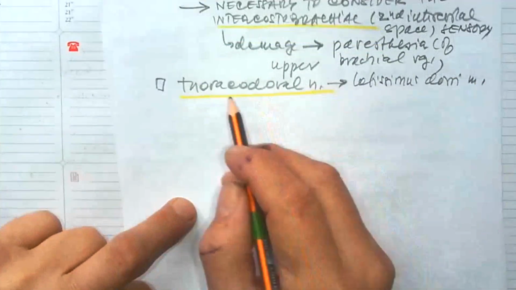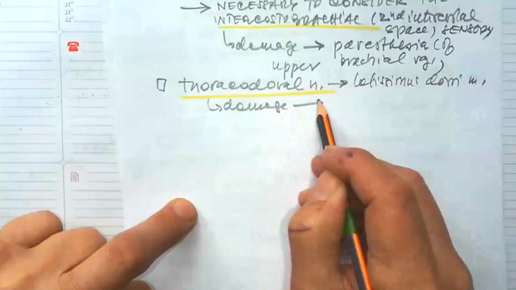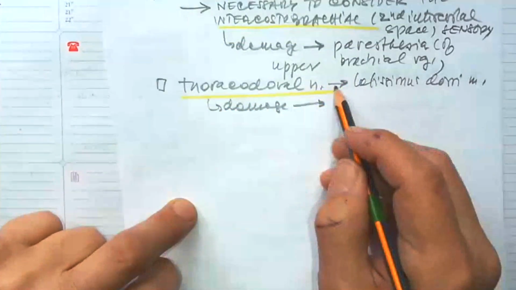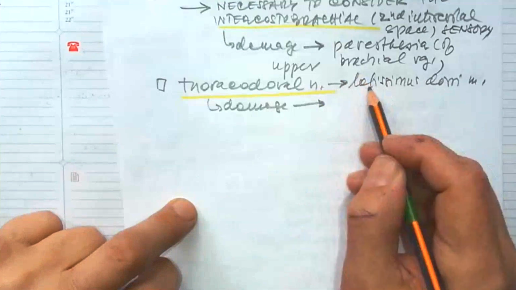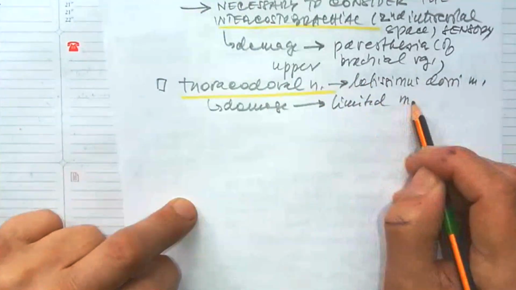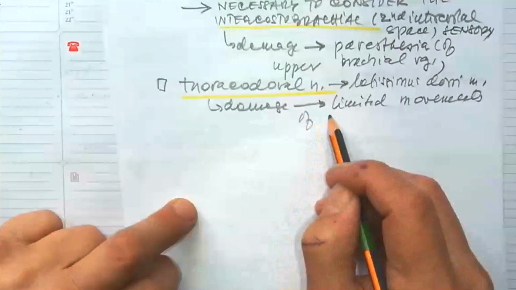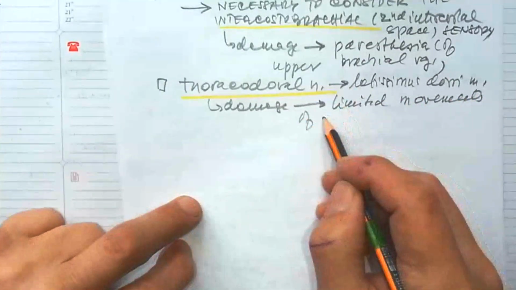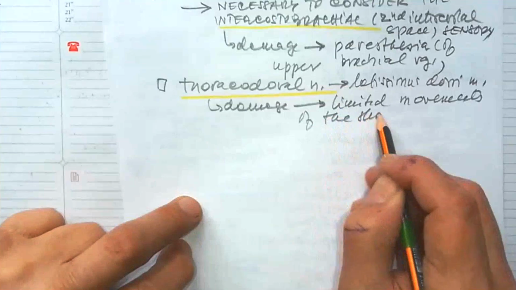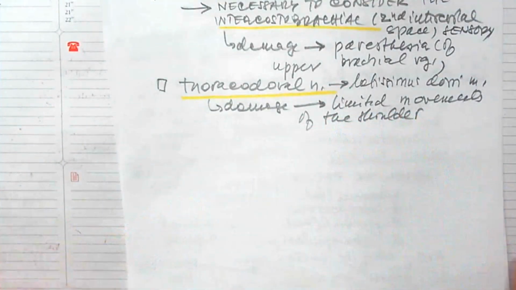And the same, I would say: damage of the nerve or any effect on the nerve leads to paresthesia, and also, very important, limited movements of the shoulder, of latissimus. So we would say of the shoulder, because latissimus lies on the dorsal side and is important for the movements at the shoulder joint.